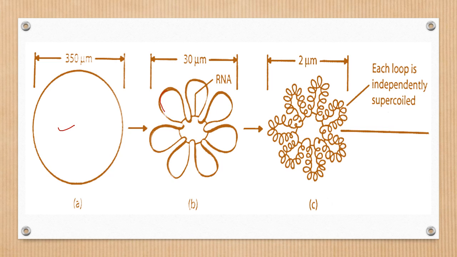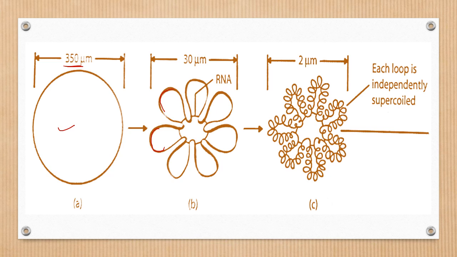Now, when it is unfolded, its size is 350 micrometers. When it is formed as loops or domains, it becomes 30 micrometers.